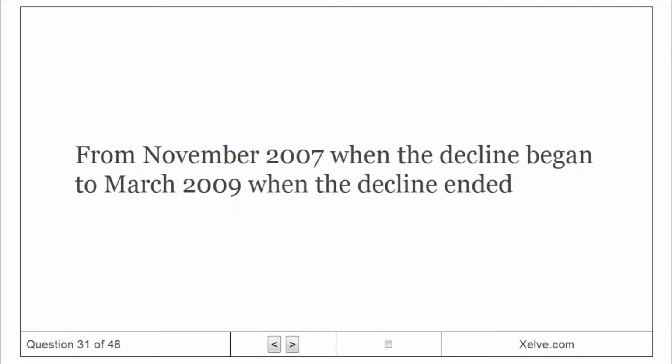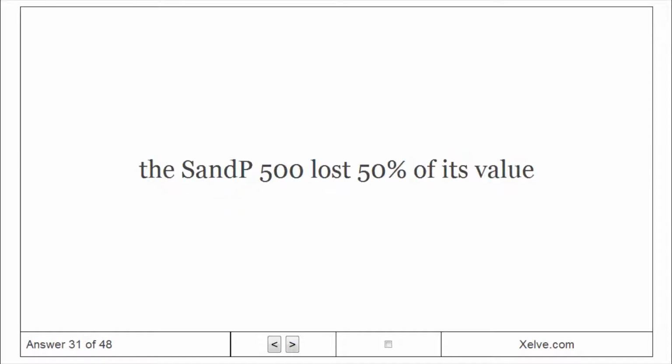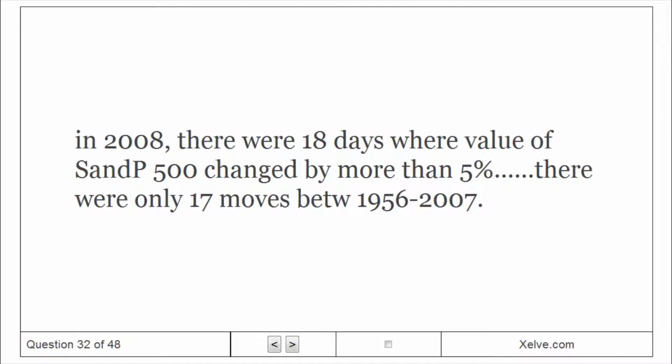From November 2007 when the decline began to March 2009 when the decline ended, the S&P 500 lost 50% of its value. In 2008, there were 18 days where value of S&P 500 changed by more than 5%.